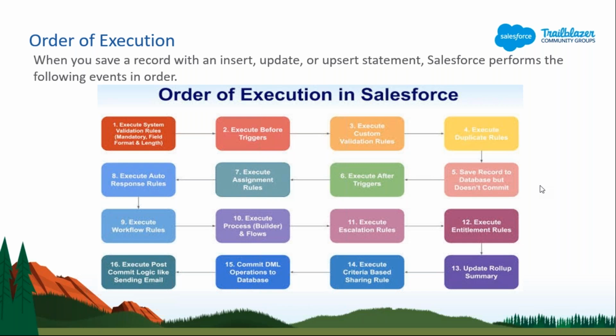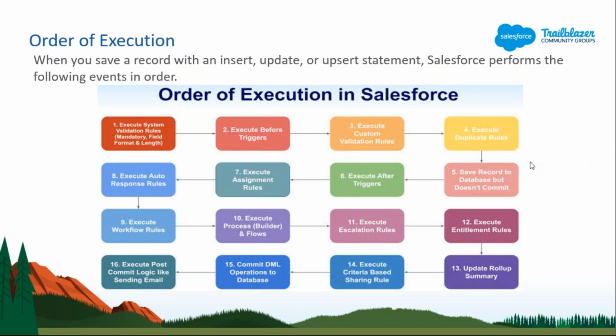Okay, thank you. So that's about bulkification of a trigger. Now we have this order of execution. We have a step by step flow in Salesforce: how execution completes and what the flow of execution is.